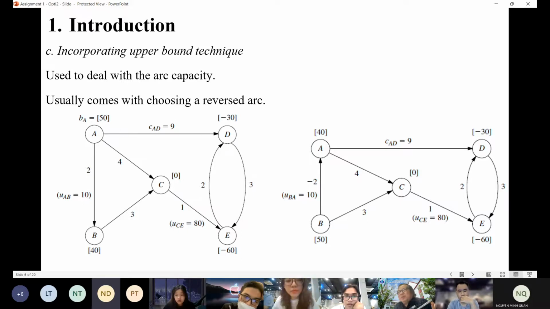What is UAB? Yes. The UAB is the upper bound of the XAB. Upper bound, but upper bound means what? You say upper bound, people cannot understand what it means. What is upper bound?